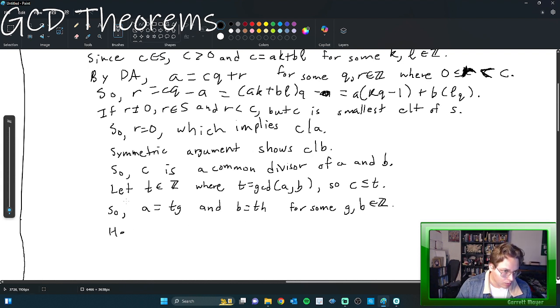Hence, C equals AK plus BL, which equals TGK plus THL.